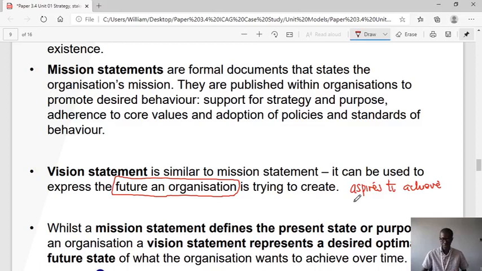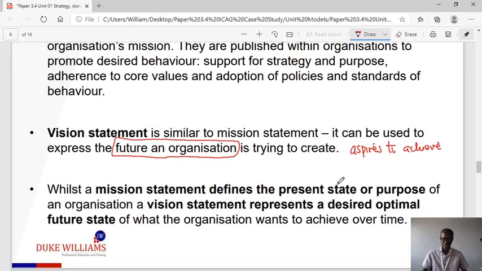So when you have this understanding, it is acceptable to say that while a mission statement defines the present state or purpose of an organization, a vision statement represents a desired optimal future state.